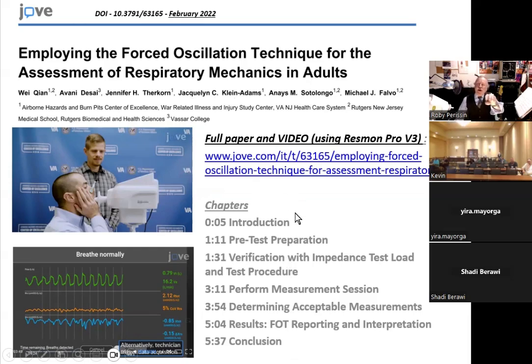I suggest that when you get the material tomorrow, you click on this and you see this very interesting, clear video where it shows you how to prepare the patient, and verify before the test, like we do with the syringe. There is a verification tube of known resistance and known reactance, because that will actually cover you for liabilities and responsibilities, like the 3-liter syringe for spirometry.